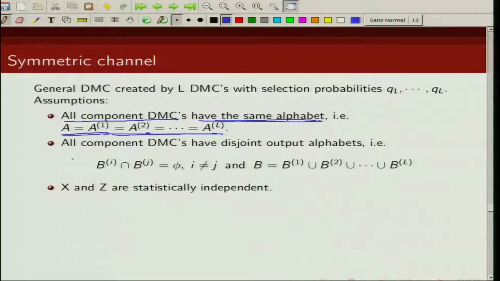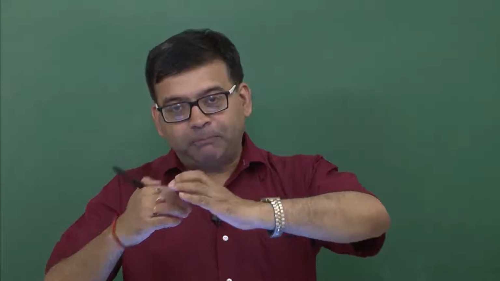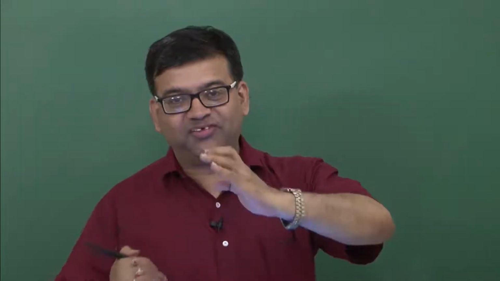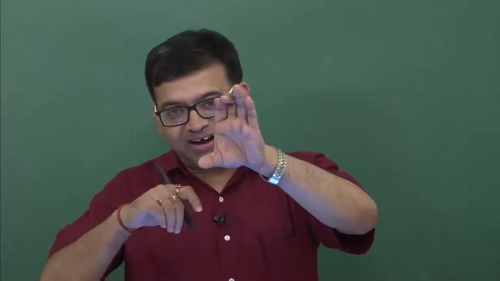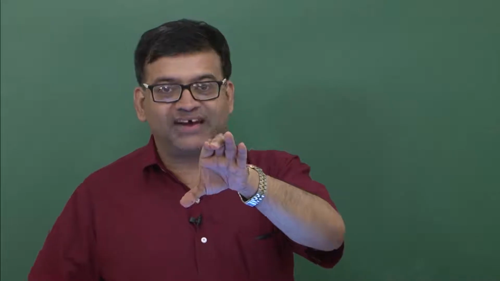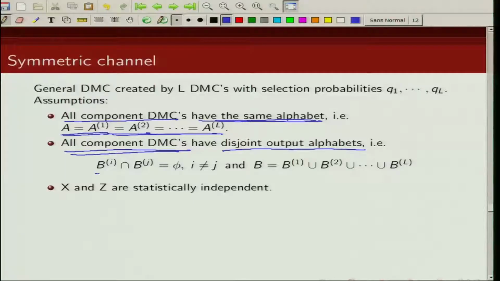Second assumption, all the discrete memoryless channels have disjoint output alphabets. When we partition them into L discrete memoryless channels, the output letters are disjoint. So if some output letter appears in one particular set, it would not appear in any other set. So the intersection of Bi and Bj is empty, and of course the union of all these L disjoint sets should be my overall output letters.